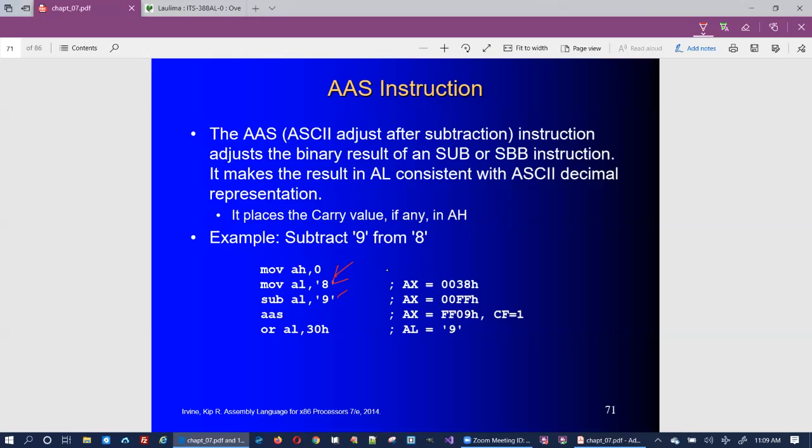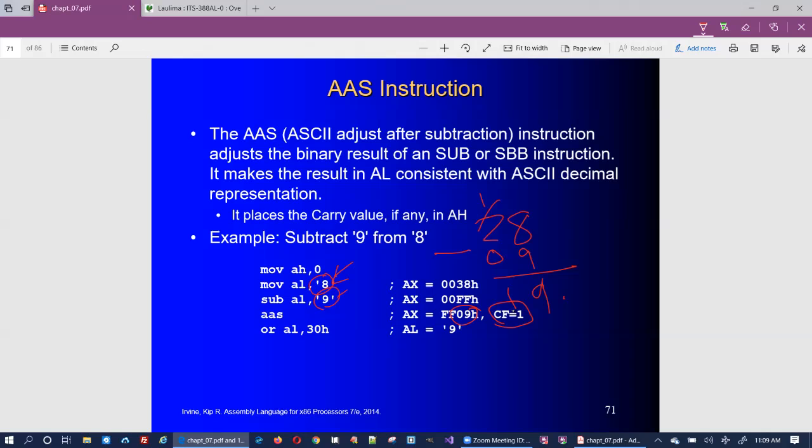You remember it's kind of like we have 28 minus 09. 8 minus 9 needs a borrow of 1, so this turns into 9, and then 1 minus 0 is 1. So the answer of 28 minus 9 is 19. So if we have an 8 and we want to subtract a 9, the answer should be 9 with a borrow of 1.